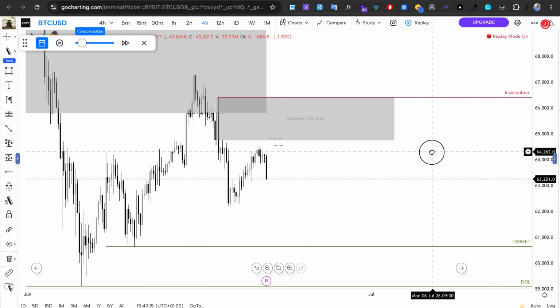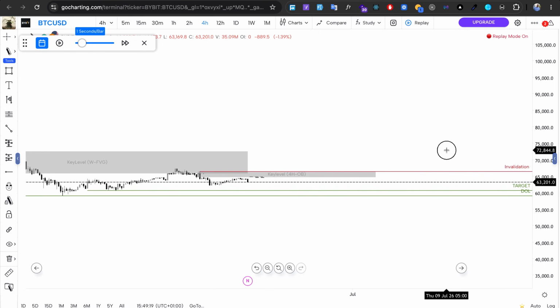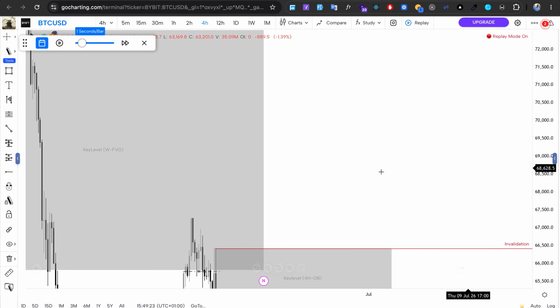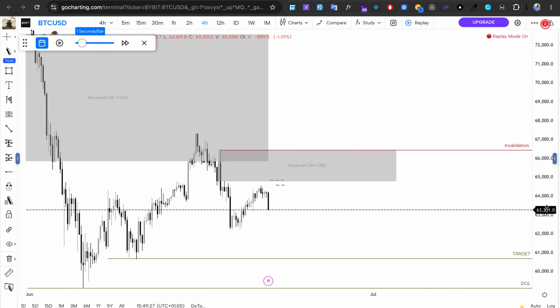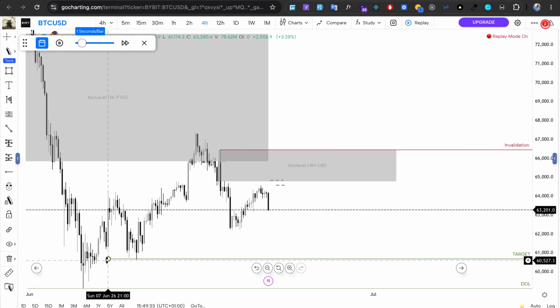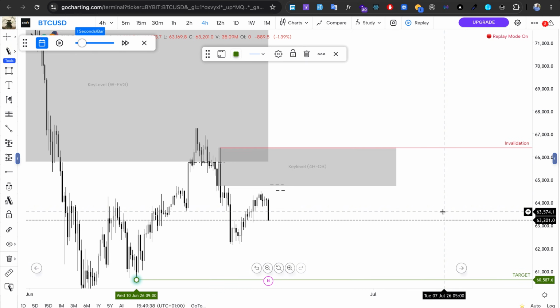So from the items that I listed earlier that I look at, we've gotten our bias, we've gotten our targets, right?